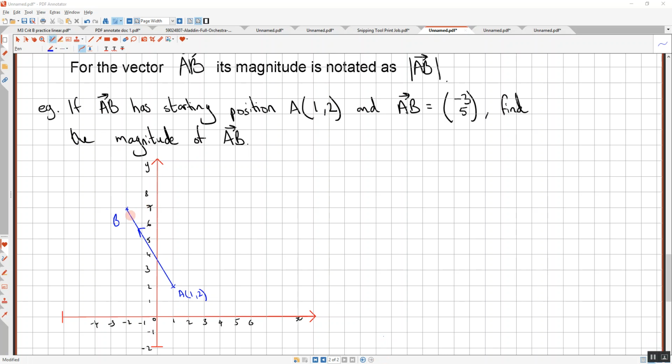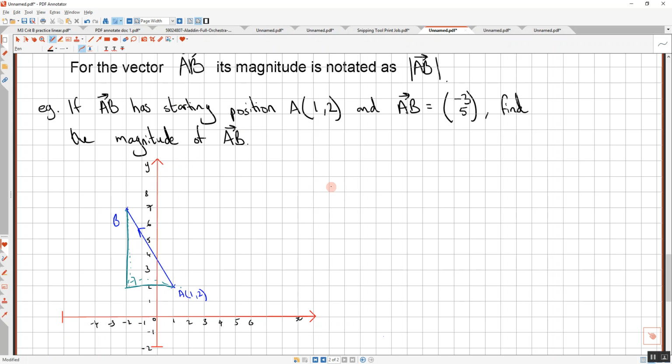All right, so we can see that this makes a right angle triangle. Very badly drawn. And so to work out the magnitude of this line, tell us what to do.